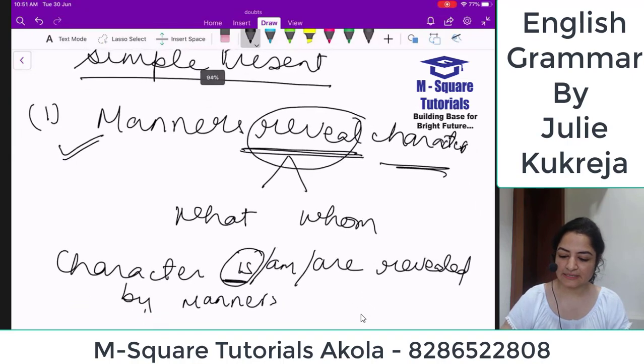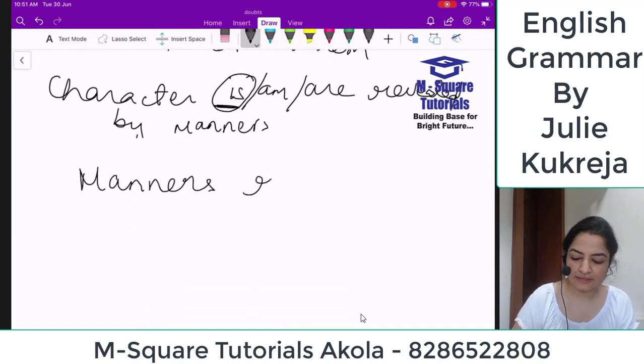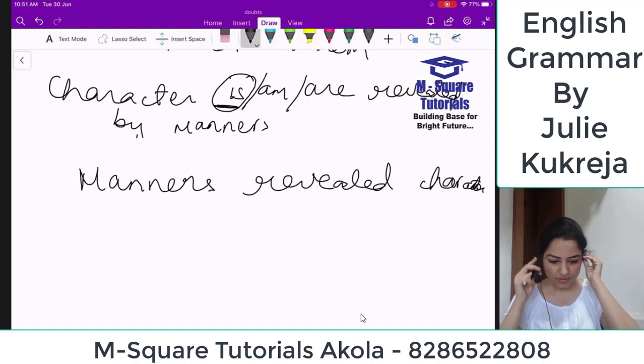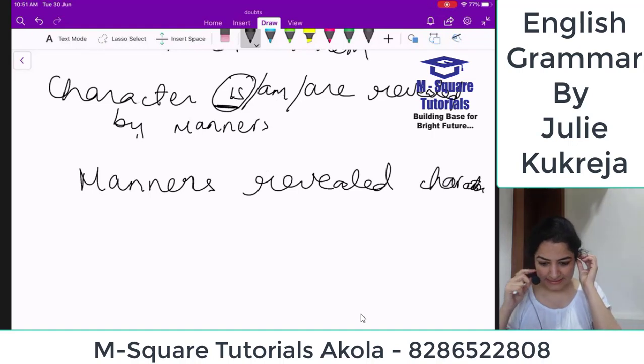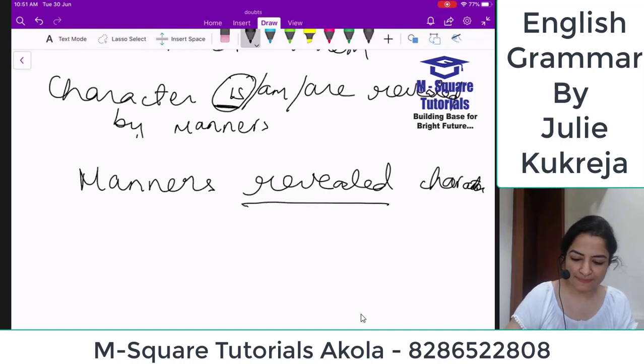Now let's make this sentence a past tense. Manners revealed character. So what you have to do? You have to simply replace, because this is a past tense, is by was.